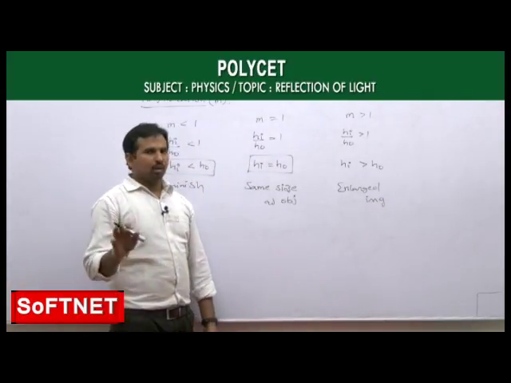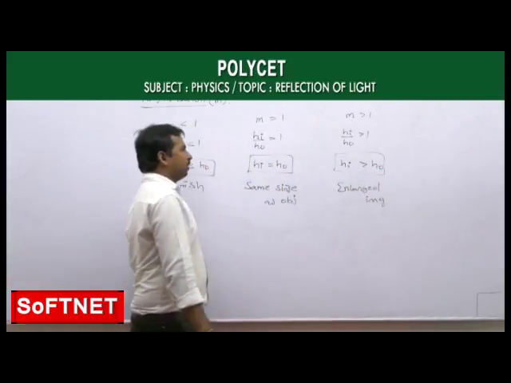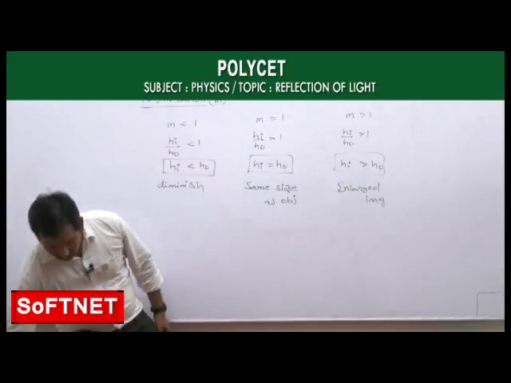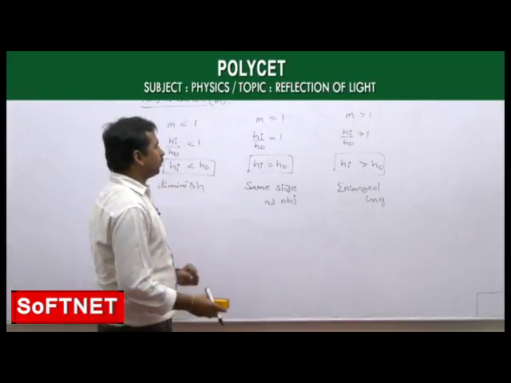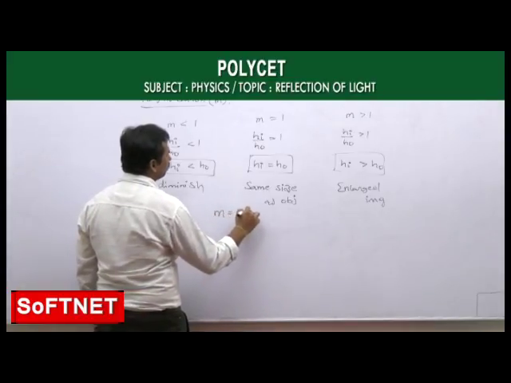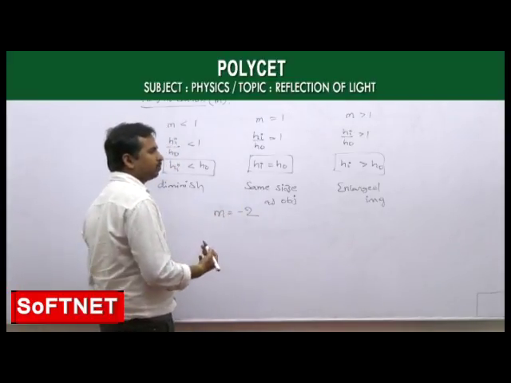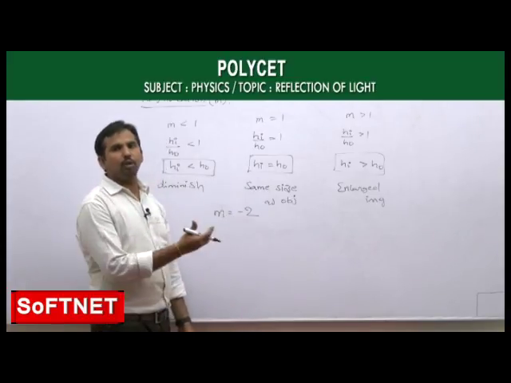Now, how do questions come from this topic of magnification? Suppose a question is given like this: if m is equal to minus 2 for a given spherical mirror image, what do you mean by that?